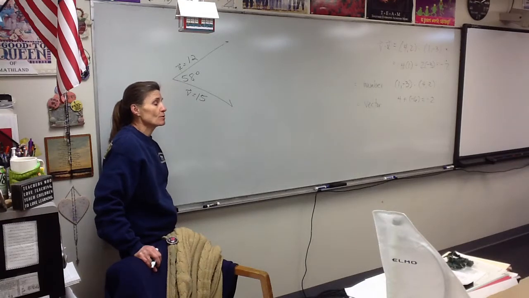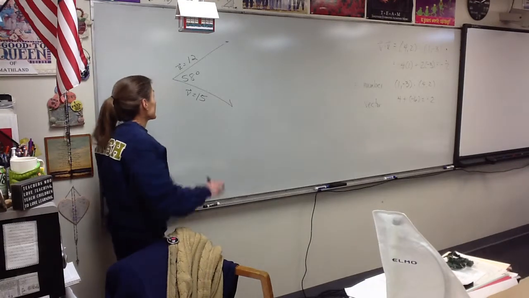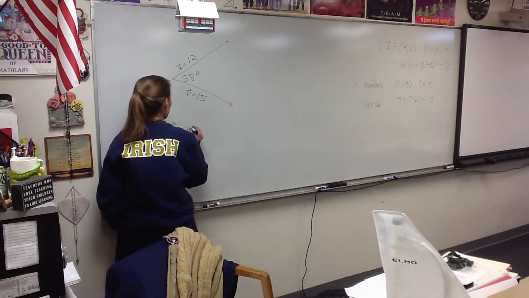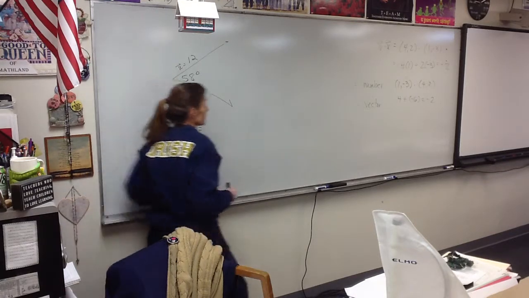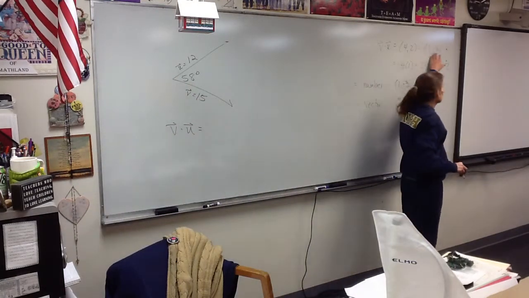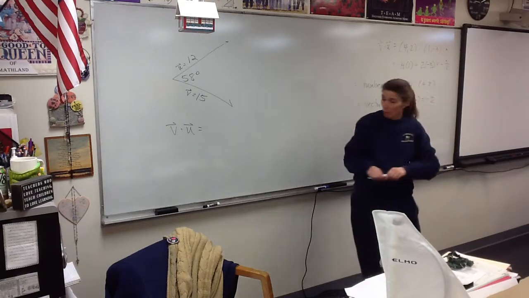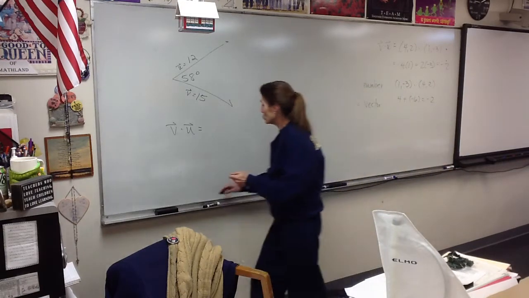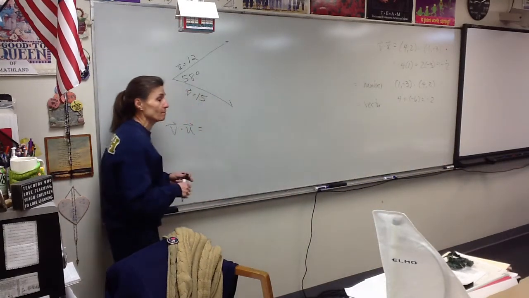Turns out there's a shortcut. To get the dot product when you have the coordinates, you want to do x times x and y times y. But in the real world, kids, you don't always have the coordinates.